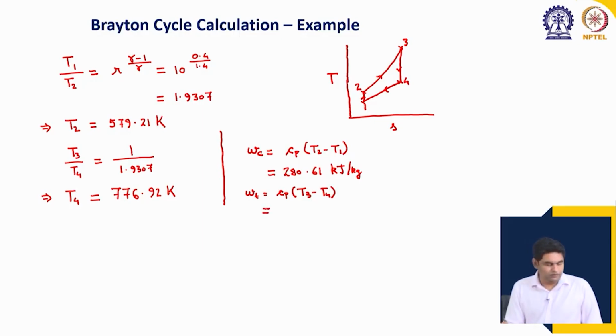So, replace the values and you will get a value equal to 726.69 kilojoule per kg.